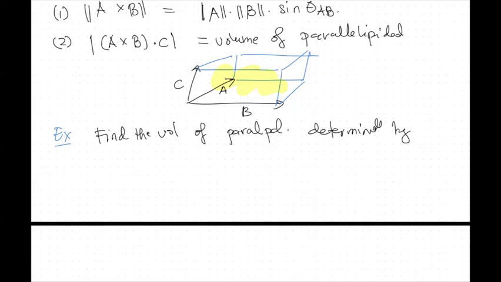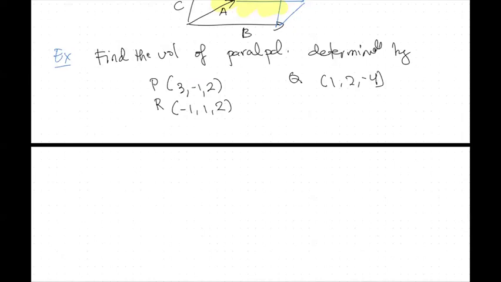Let us have the points P, R, and Q. P here is (3, -1, 2), R is (-1, 1, 2), and Q is (1, 2, -4). So here we have three points.